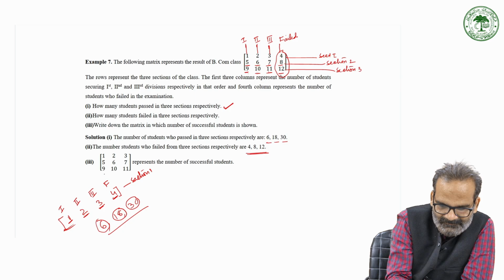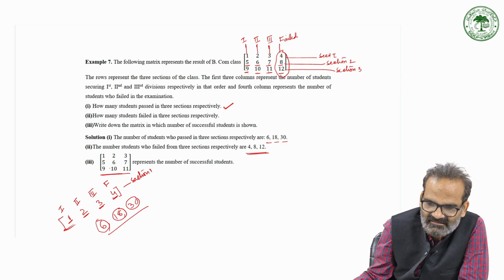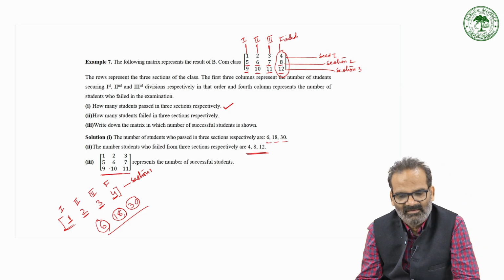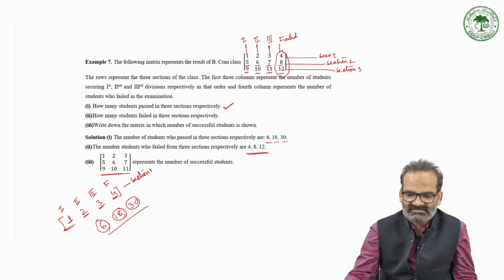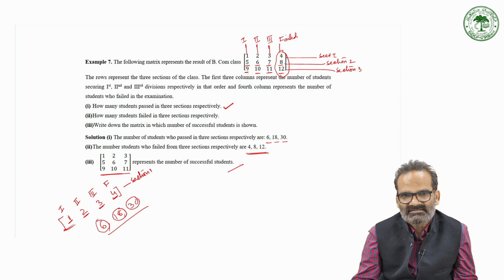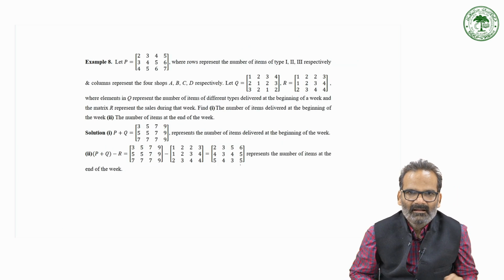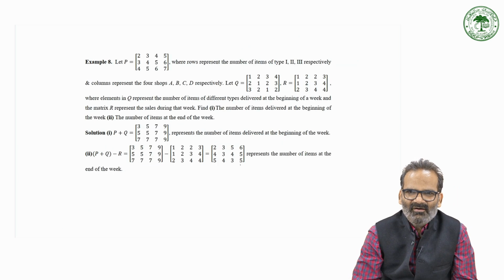So, see the first 3 columns, 1, 5, 9, 2, 6, 10, 3, 7, 11 will represent a matrix of the number of successful students, right?